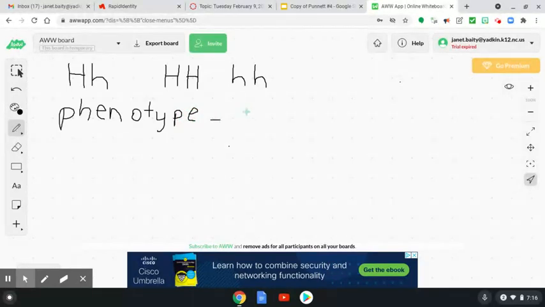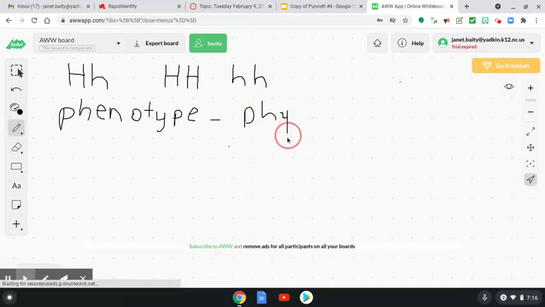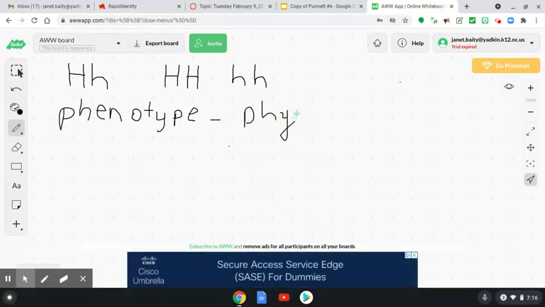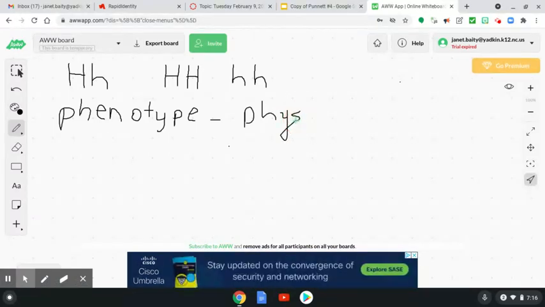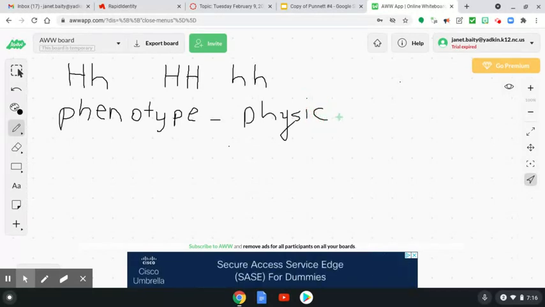Phenotype is physical appearance. That's what it looks like. Okay? Physical appearance is what it looks like.